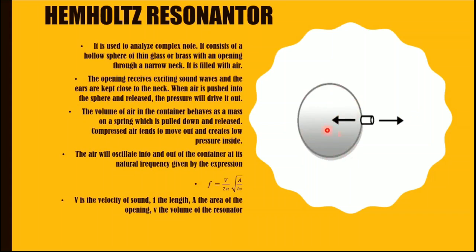So the volume of air in the container behaves like a mass on a spring, and the expression for natural frequency is f equal to V by 2 pi root under A by l v, where capital V is the velocity of sound, l is the length, A is the area of the opening, and small v is the volume of the resonator.